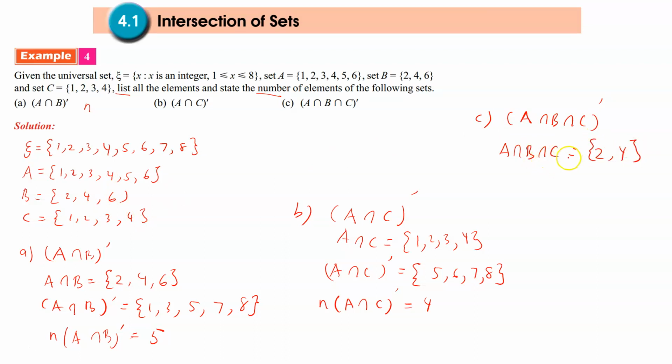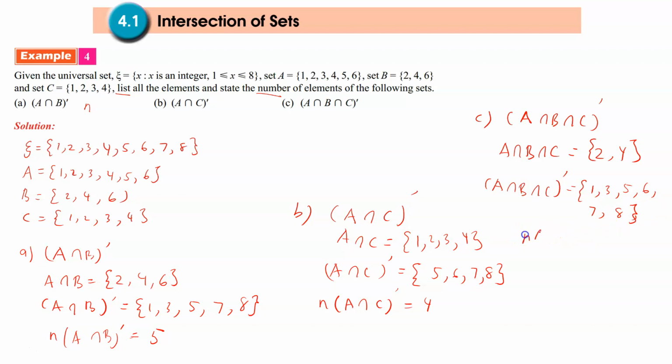Means A, B and C all ada share 2 and 4. So, if complement A intersect B intersect C, all numbers from universal set awak, all numbers without 2 and 4. So, kita ada 1, 3, 5, 6, 7, 8.